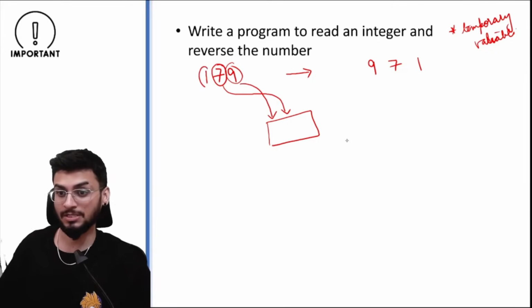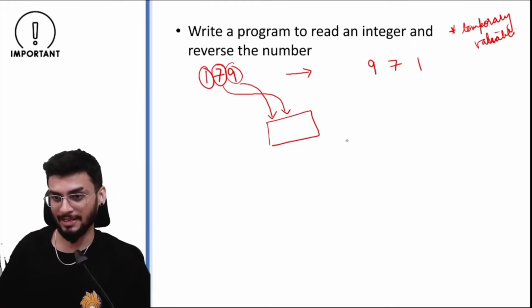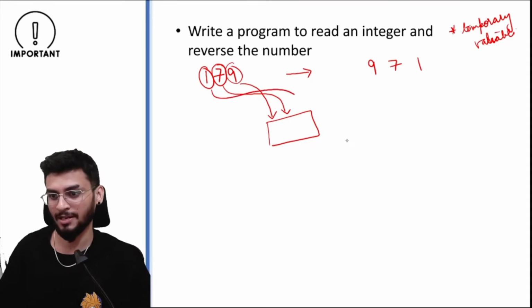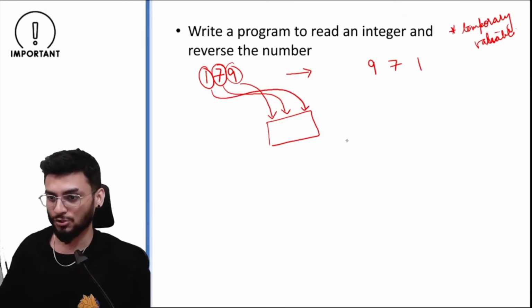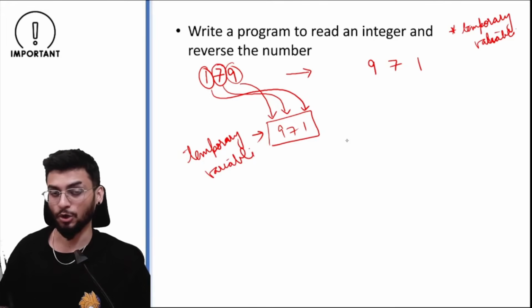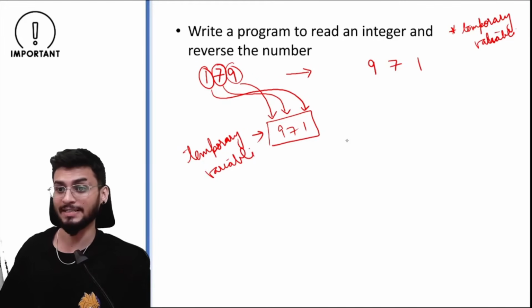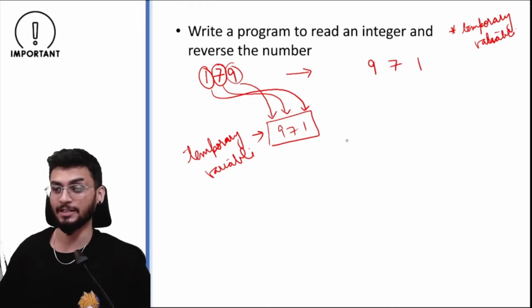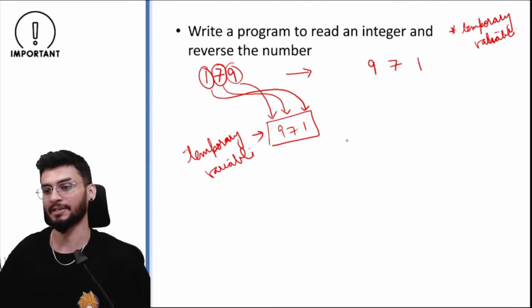Then I take the first digit and then I store it in the last position. So the place where we are storing these digits is the temporary variable itself. So let me just repeat. In order to convert the number into its reverse, we create a temporary variable जहाँ पर हम लोग सारे digits in reverse order store करते हैं.